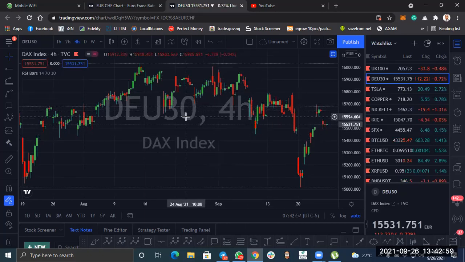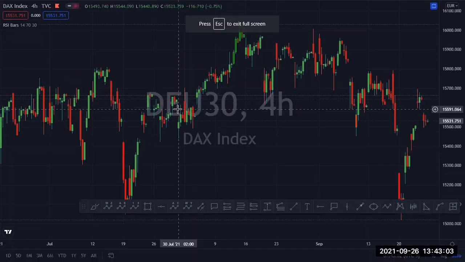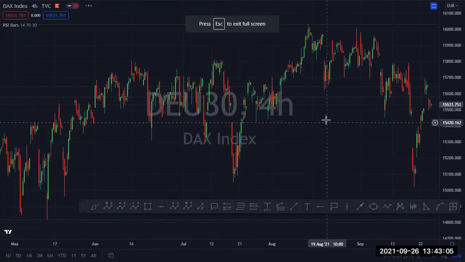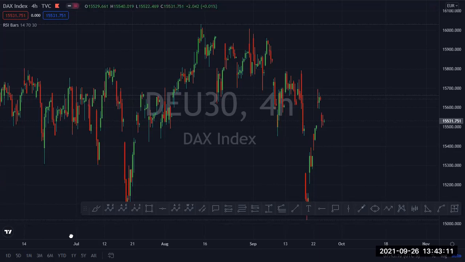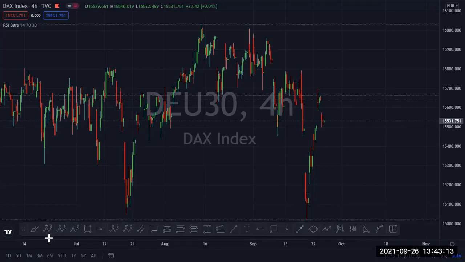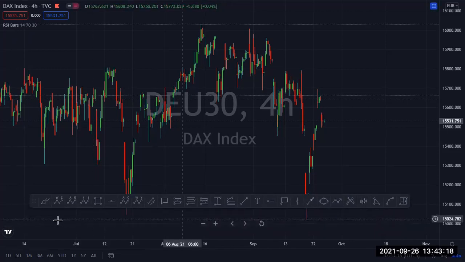I lost the DAX chart. I lost it, but they are just doing the same thing like others. I will look for my chart. I saved the chart, but I don't know how it went missing. But you can see it also did the same move like other indices.